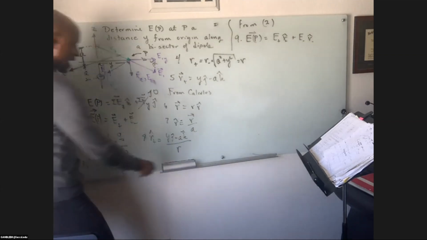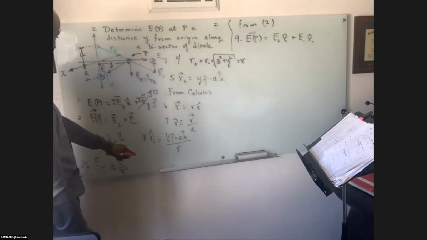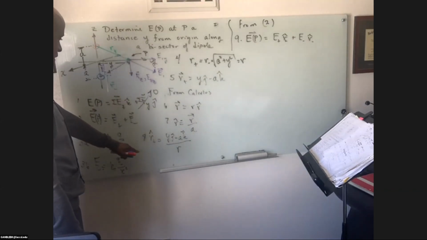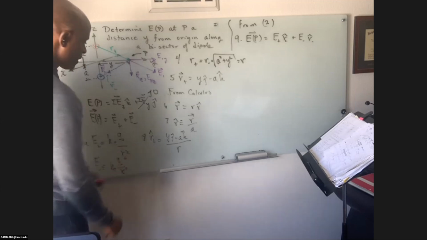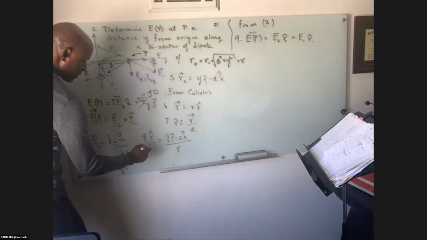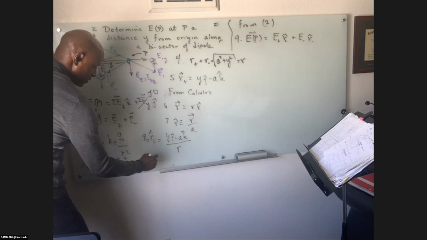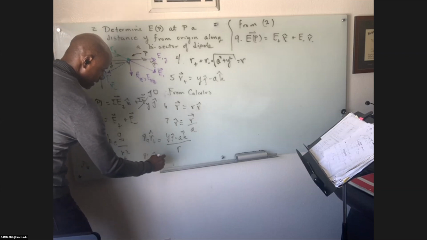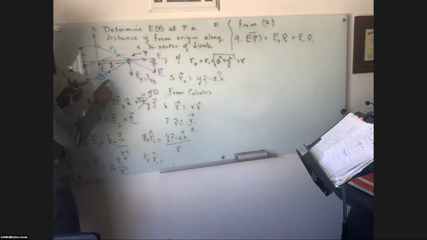But now I have all the unit vectors, right? So this unit vector here is R plus, but let me write that as 8A. So 8B is R hat minus. Now again, this is R minus, so I could get to the field point from the negative charge two ways.